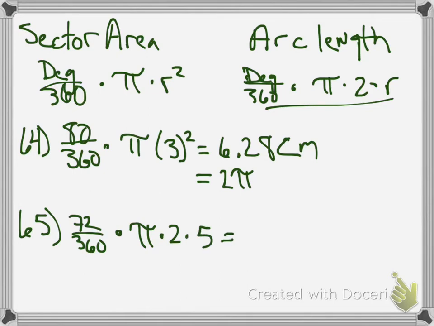Now keep in mind, if I did 72 divided by 360, I get 1/5 times 2 times 5. That would give me just 2, so this one would give me 2 pi. The last one was square centimeters. This one would have just been centimeters. But again, if I type that into the calculator, I would have gotten 6.28 centimeters. And again, keep in mind arc length is just how much we go around.